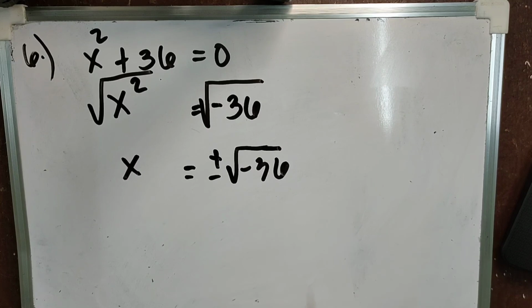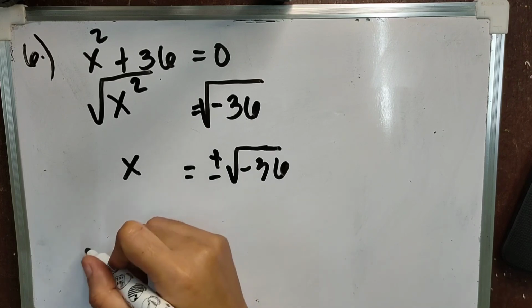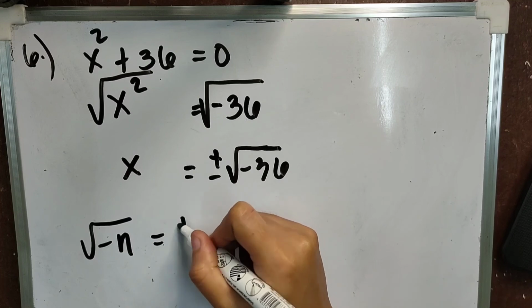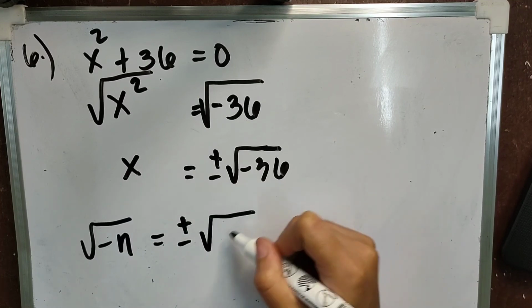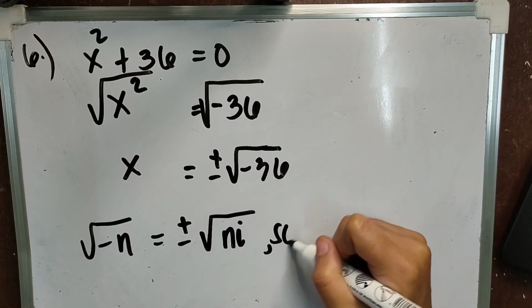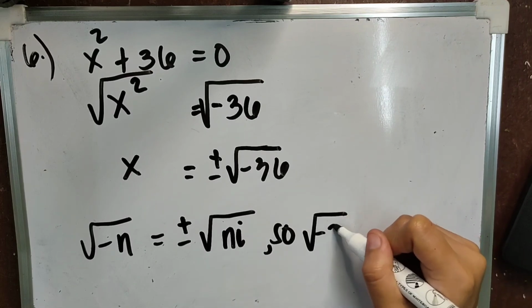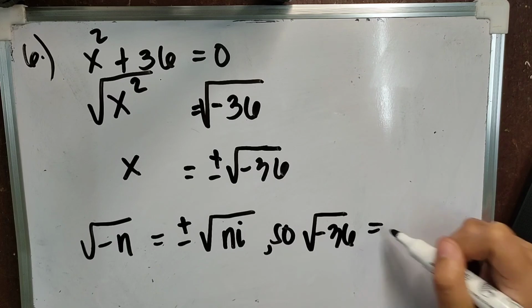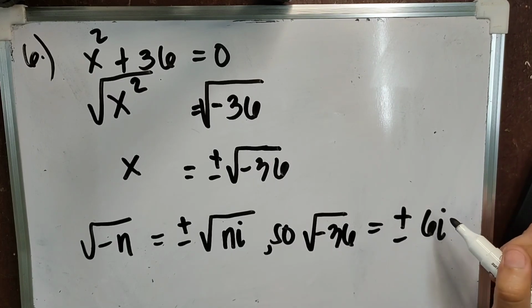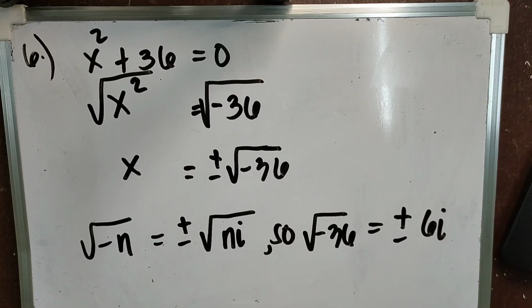We have a definition that square root of negative n equals plus minus square root of n times i. So, square root of negative 36 equals plus minus 6i, or imaginary. Therefore, there is no real solution.